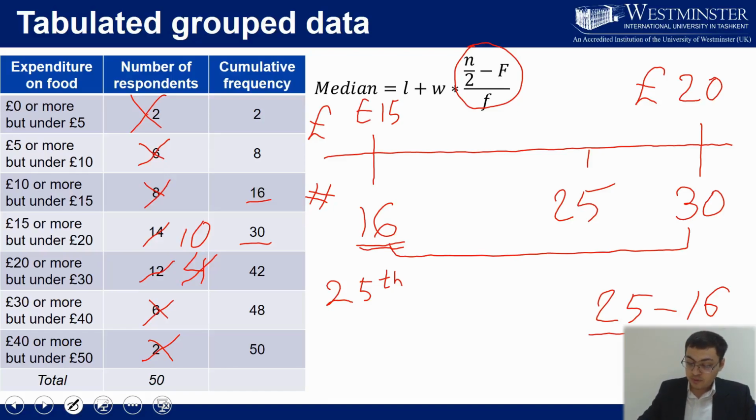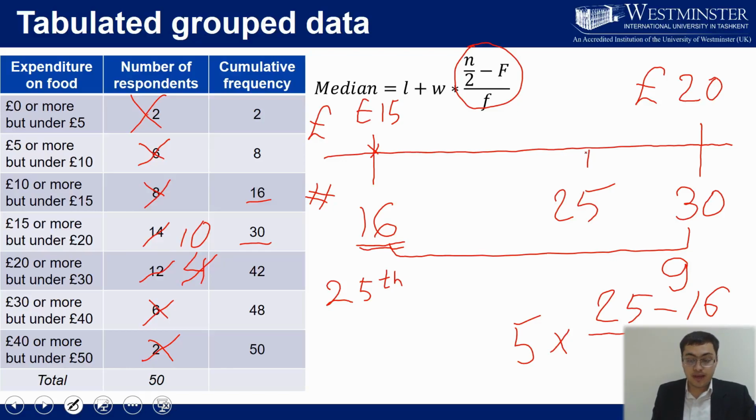That's going to be 14, right? As a result, this is going to give me the number 9. I multiply it by 5, which is the width of this group, right? Basically, the number 9, what it says is once I have stopped at the number 16, I have to go 9 more steps to get to the number 25.